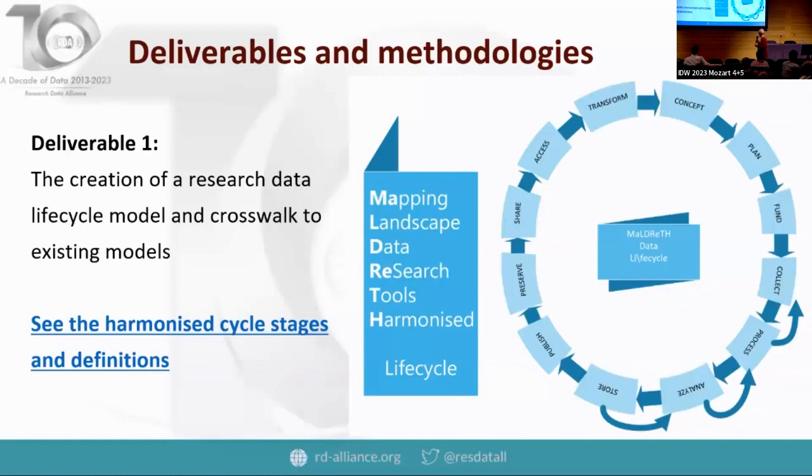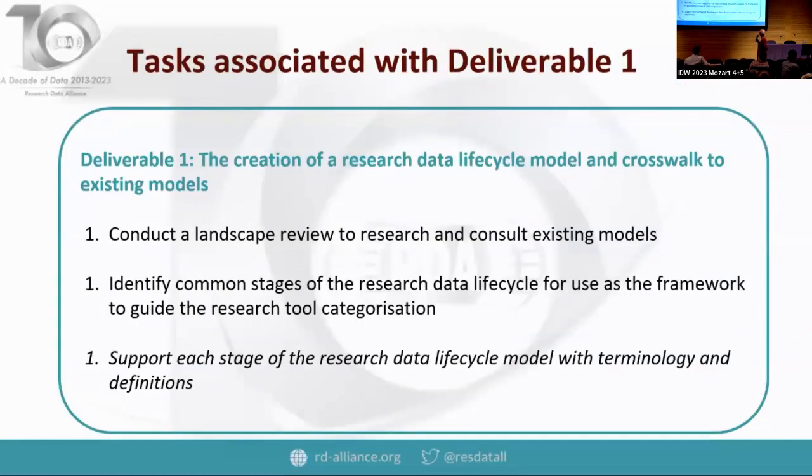So those are the phases that we've chosen, and if you click on that, you can see some of the detail about how we've characterized each of those phases. Next slide, please. So what were the tasks associated with deliverable 1? How did we do it? We conducted a landscape review of other life cycles.